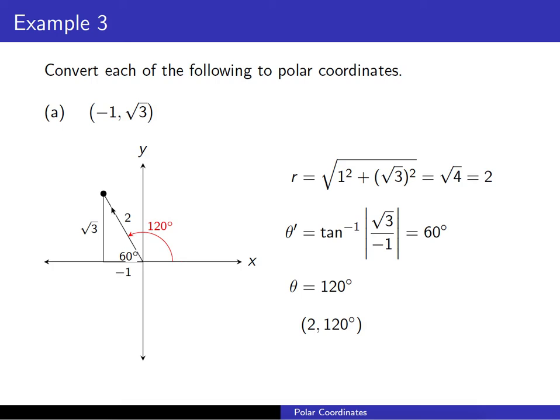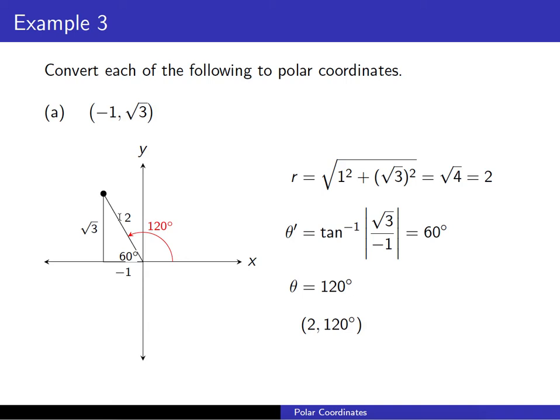So this would also have polar coordinates of (-2, -60 degrees). And I'm not even referring to converting 120 degrees to 2 pi over 3 radians, but we could also have rotated 360 plus another 120 and gotten 480 degrees. So (2, 480 degrees) is another valid representation of this point.